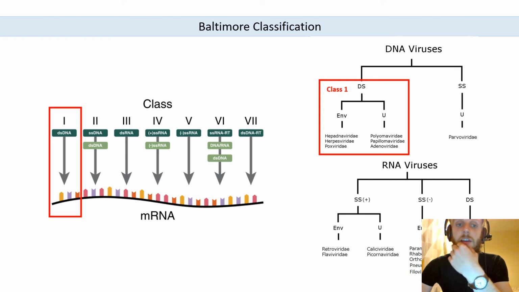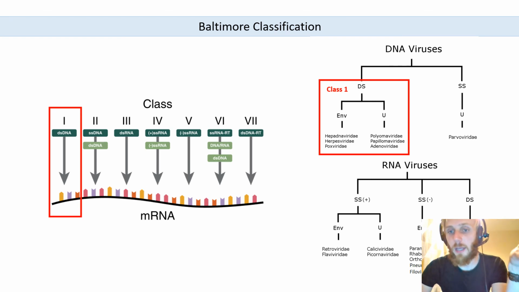So we see group 1 of the Baltimore system. These are double-stranded DNA viruses, and they're grouped together because they have double-stranded DNA, so they all express their genome the same way. They all replicate their genome the same way. Exactly the same thing going on.